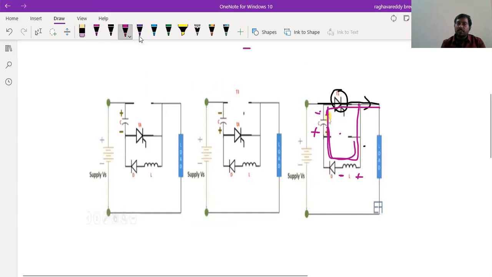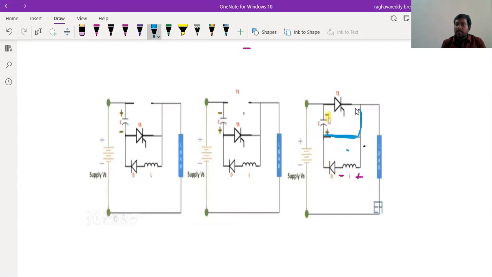If the auxiliary thyristor is turned on, what will happen? Look at this one. If the auxiliary thyristor is turned on, this will be short circuited, so that this positive terminal is connected to here positive, and this negative appears here, so the thyristor T1 will be off and act as an open circuit. The capacitor discharges its stored energy through the thyristor Ta and to the load, and finally the capacitor is charged again, discharging the negative charge in this direction.